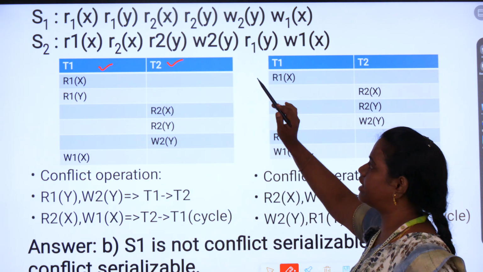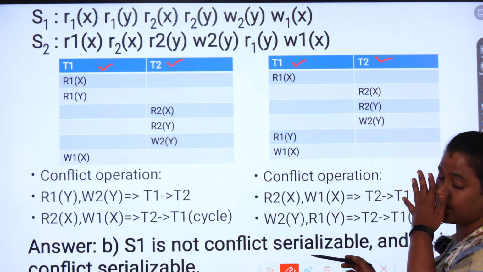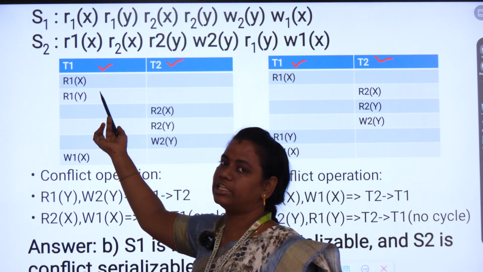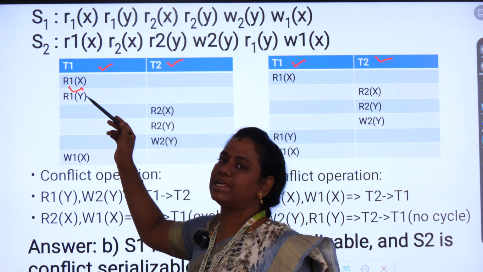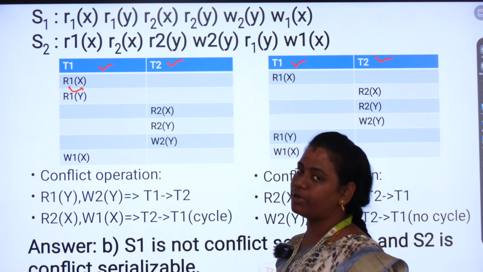The second schedule also deals with two transactions, T1 and T2, and I have plotted the values in the table. Here R1 of X is nothing but a read operation performed on data X in transaction 1. Now we are going to find the conflicting operations.